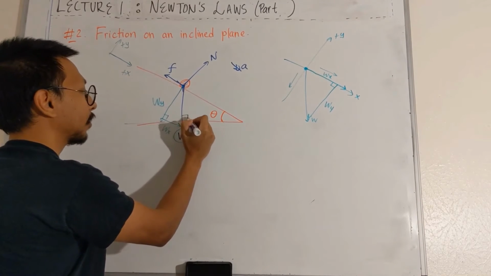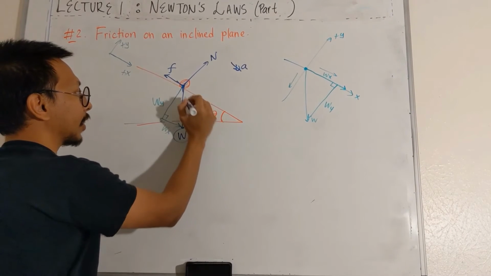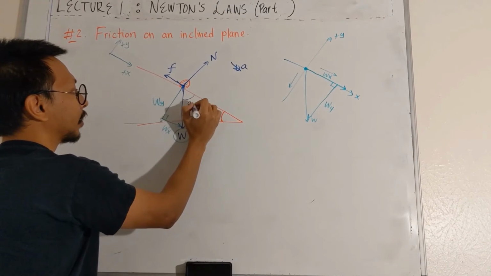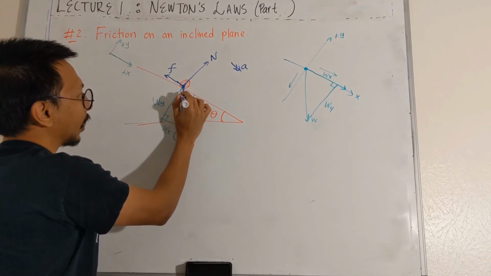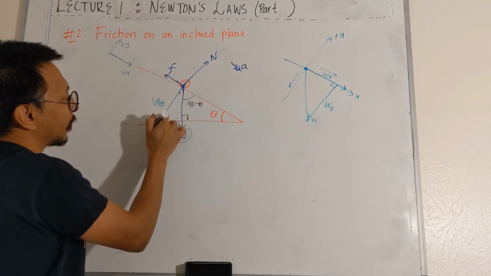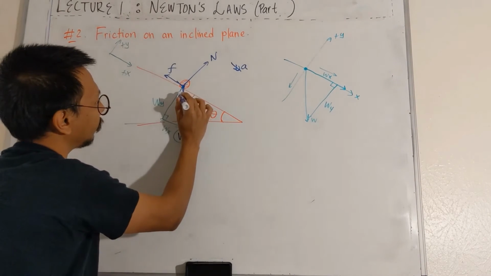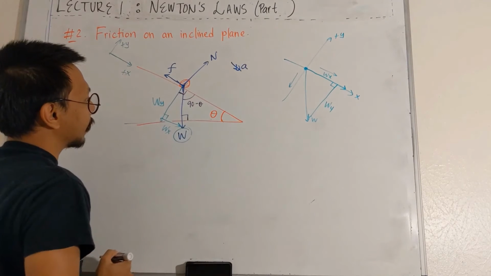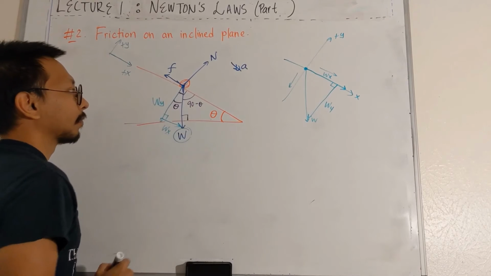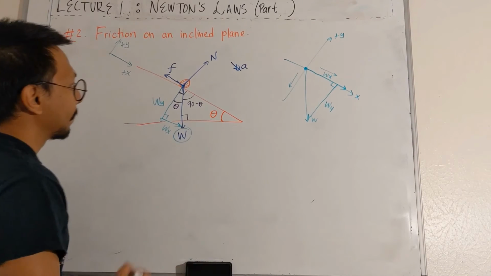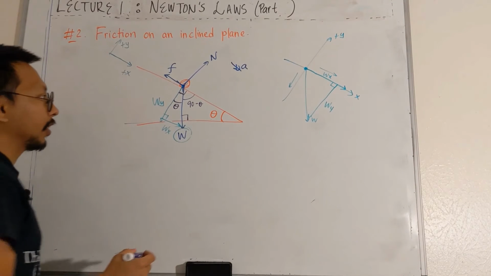And if this is 90 and this is theta, this must again be 90 minus theta. If this is 90 minus theta, and this is a straight line perpendicular to this incline, so this whole angle is 90 degrees, then this angle must be theta, just like before.